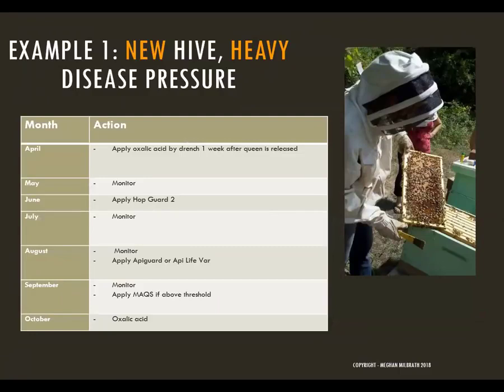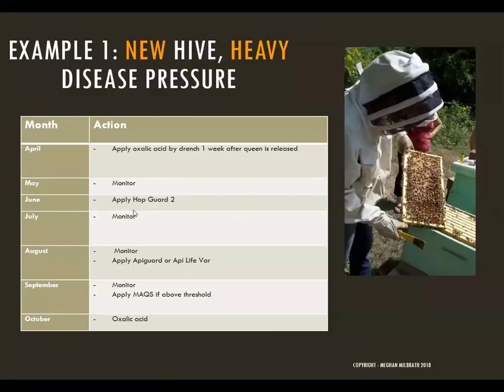Let's say you get a package. Your first option in April is you could apply the oxalic acid by dribble a week after the queen is released. You go in there, you see that she's been released, and you check, she's laying eggs, lovely, and you can go and do an oxalic acid dribble. Basically what you're doing is making that colony start at much lower.